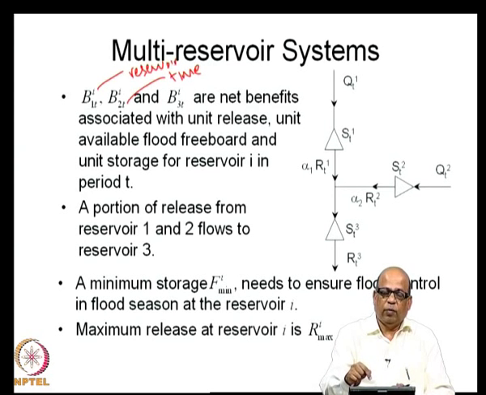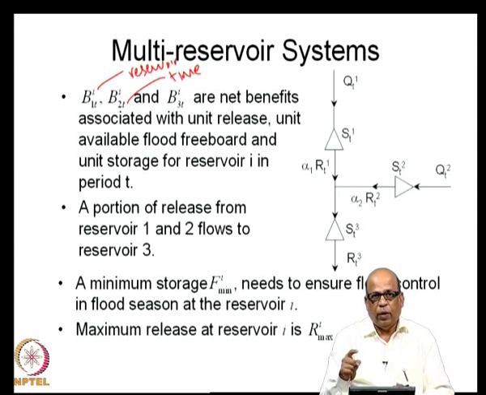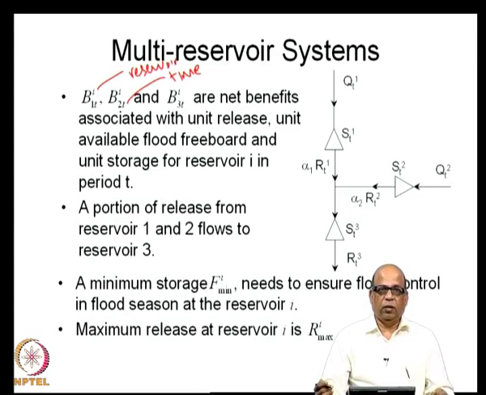That means, when I am saying this is optimal release at reservoir number 1, it has taken into account its implication, or the operating policy's implication, on the downstream reservoirs and on all the other reservoirs in the system. So, that is how we formulate the problem as an optimization problem and solve it to obtain the reservoir releases at each of the reservoirs in the system.